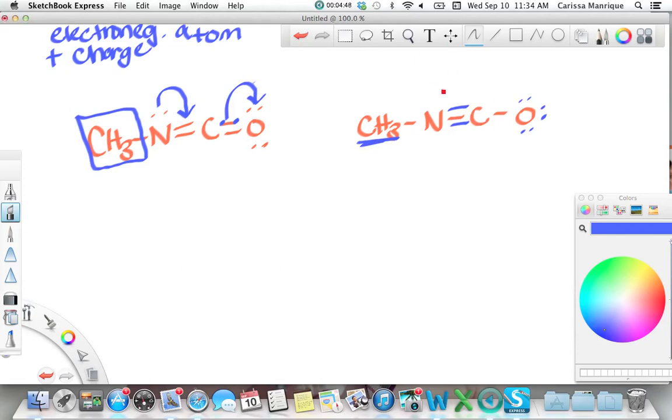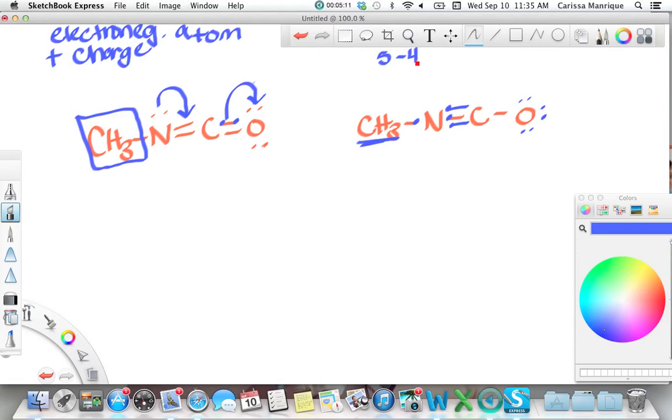Now let's look at the formal charges. Nitrogen on the periodic table should have a valence of 5, but let's see what's in the structure. I see 1, 2, 3, 4. We're just looking at contributing electrons, the ones touching nitrogen, not shared, but contributed by nitrogen.